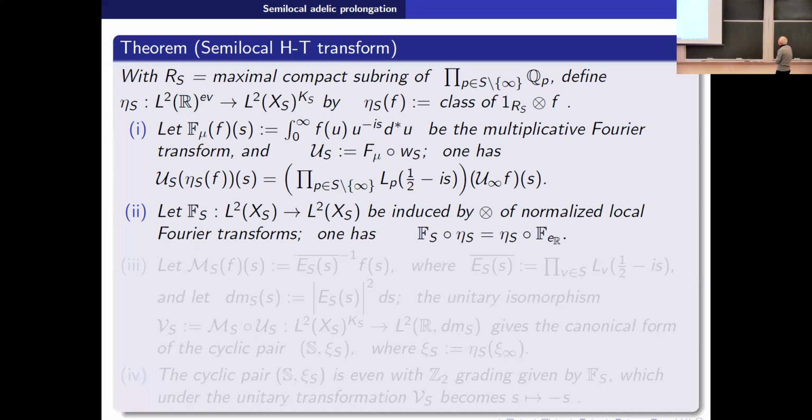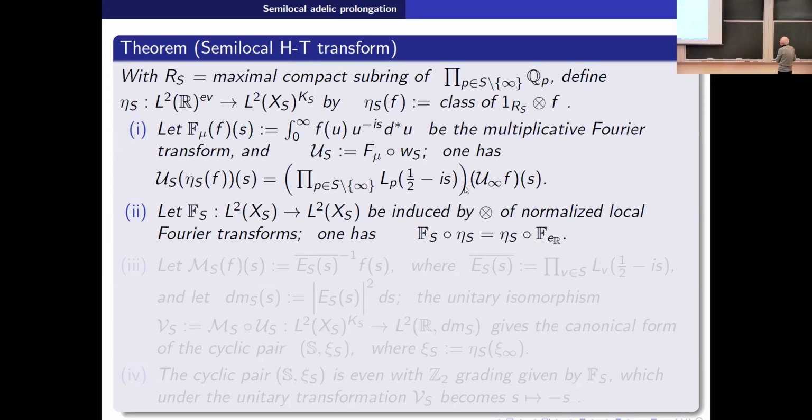So we have U_S, it's taking this eta of f into what you see here, this product. You apply the Hardy-Titchmarsh transform, the one at the Archimedean place, only to the function f. That's the point here.